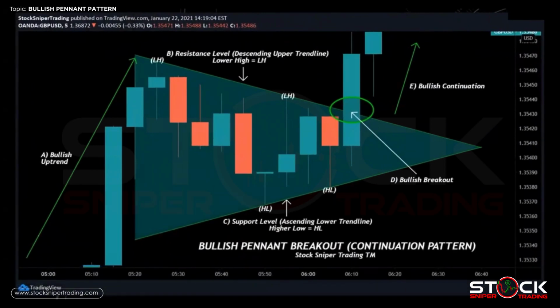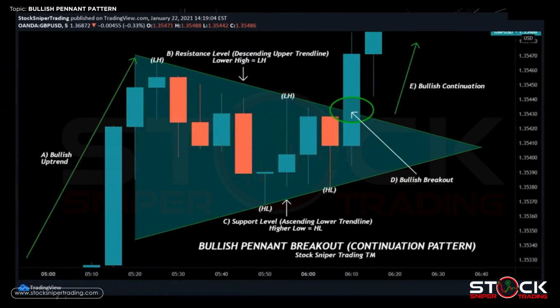This is an example of a bullish pennant breakout, which is a continuation pattern. This example is from our TradingView chart, and we are looking at GBP USD on the 5-minute candlestick time frame, where each individual candlestick takes 5 minutes to form. At A, we have a bullish uptrend.